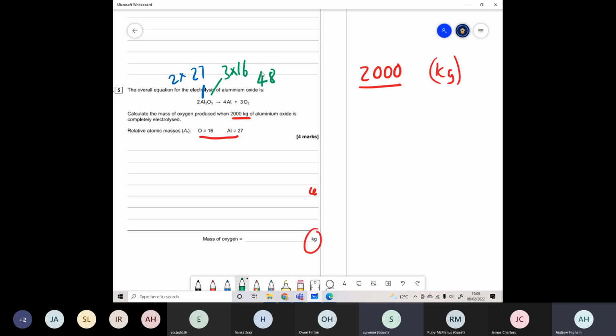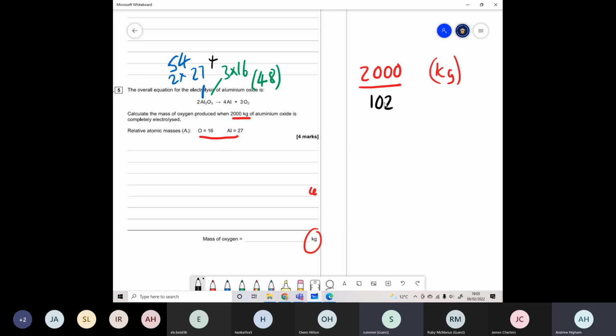So that is 48. And then the 2 times 27 is, what would that be? 54. Okay, so by the time you put them together, 54 and 48 is 102.